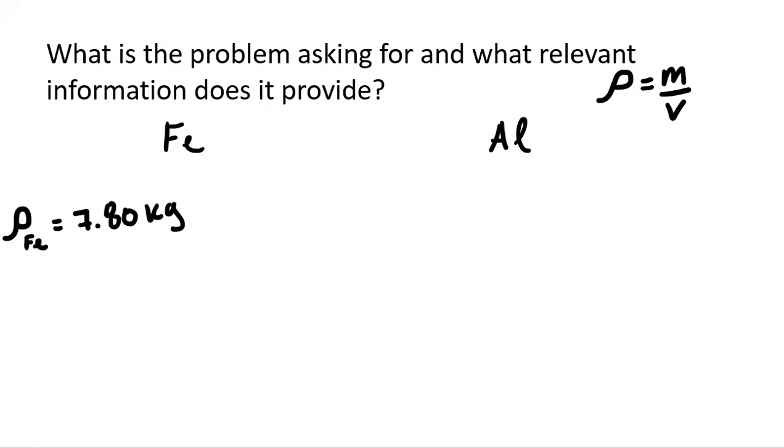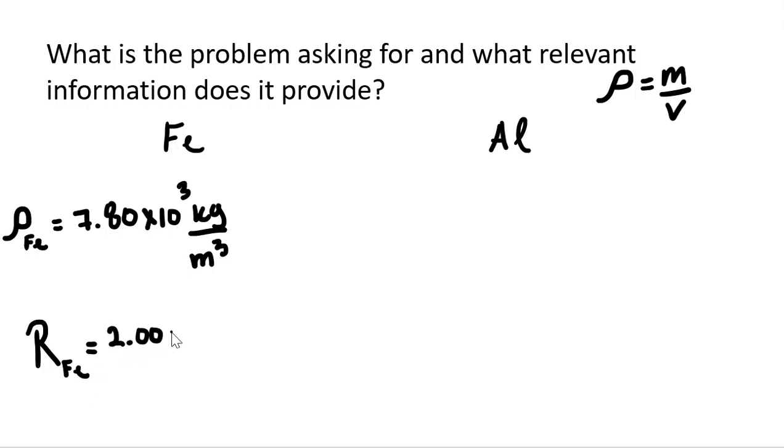Oops, that is not right. It's going to be 7.80 times 10 to the 3 kilograms per cubic meter. They give us a radius for the iron sphere, so the radius for iron is going to be 2.00 centimeters.